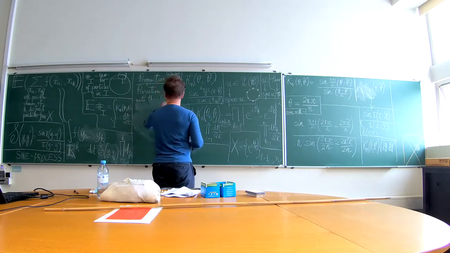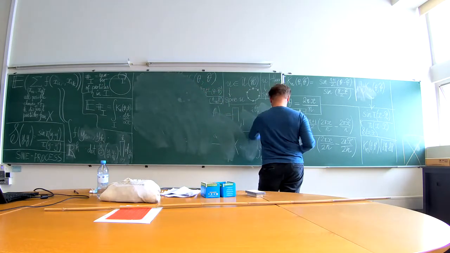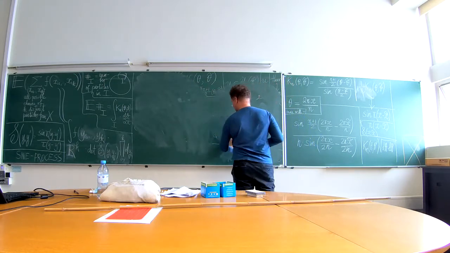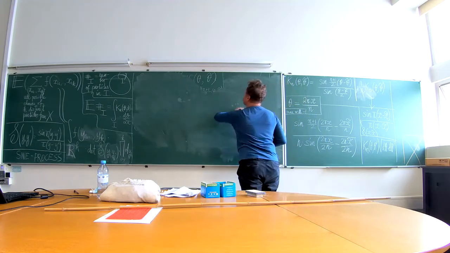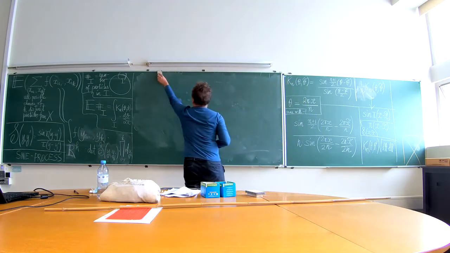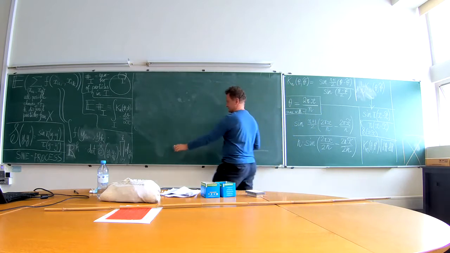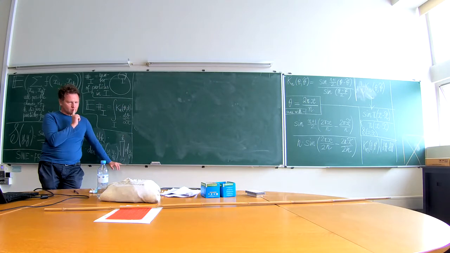So let me say, what does it mean to determine a measure on the space of infinite subsets? Well, in this case, of the line.